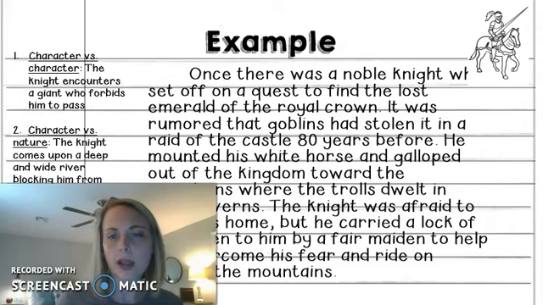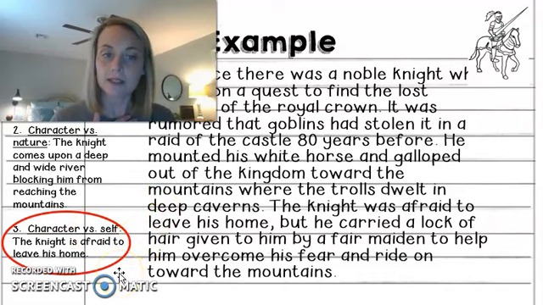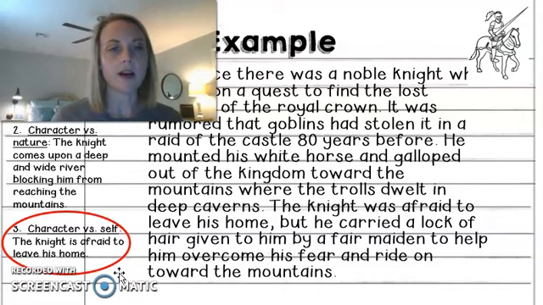He mounted his white horse and galloped out of the kingdom toward the mountains where the trolls dwelt in deep caverns. And now here is the part that I have added, the character versus self. The knight was afraid to leave his home, but he carried a lock of hair given to him by a fair maiden to help him overcome his fear and ride on toward the mountains.